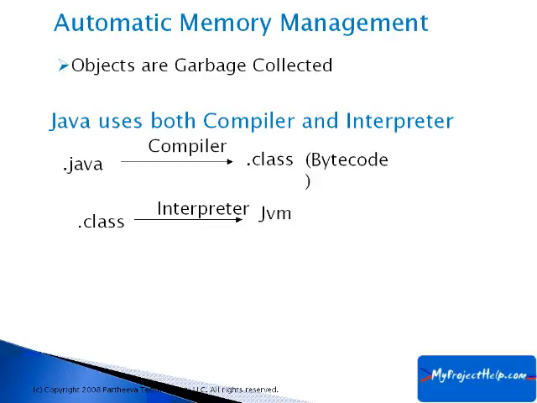What is the class file? A .class file is nothing but bytecode. So the compiler's job is to convert source code into a .class file. So what happens once we get a class file? Java has an interpreter which takes this .class file, which has all the bytecode information, and the .class file will be sent to the JVM.